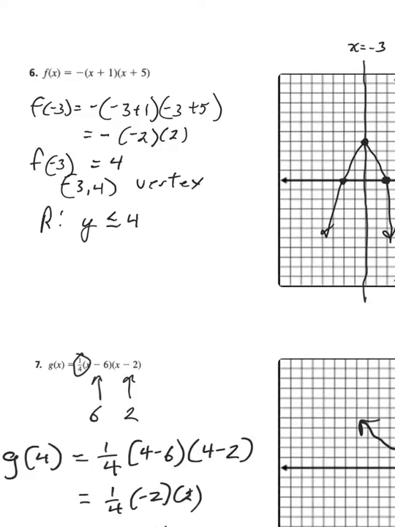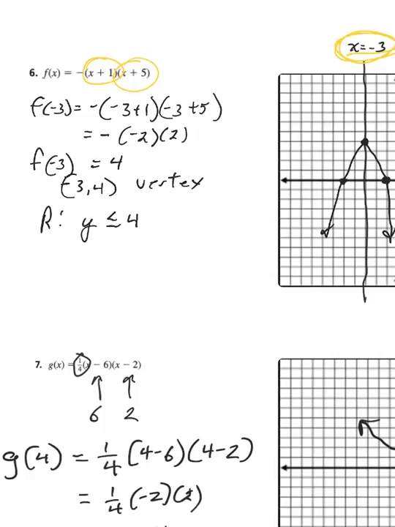Okay, let's see how you did. The x-intercepts from the original equation should be -1 and -5. And we get those again from here and here, the values of x that create 0 on the right side of the equation. And once we graph those points, the axis of symmetry looks to be x equals -3.